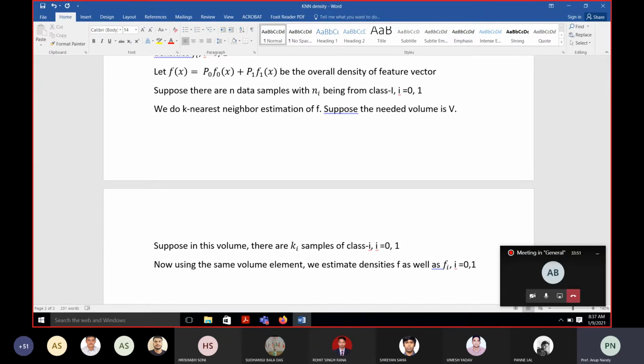So now you have to estimate. Now how do you do it? So what is the formula? You have seen this formula.